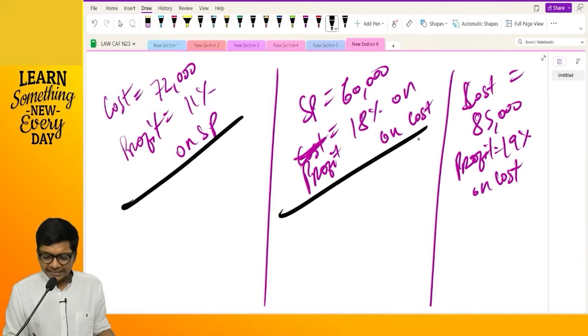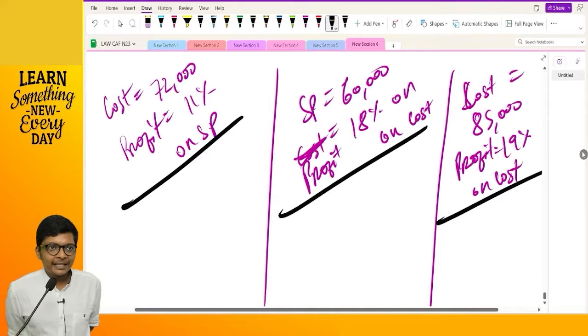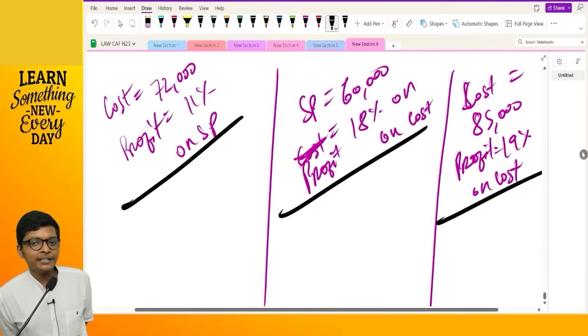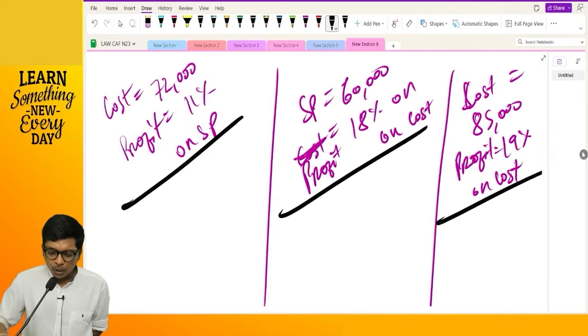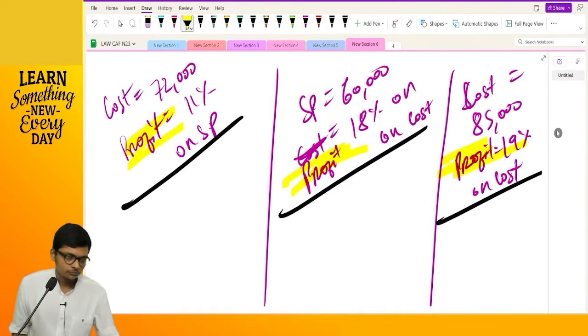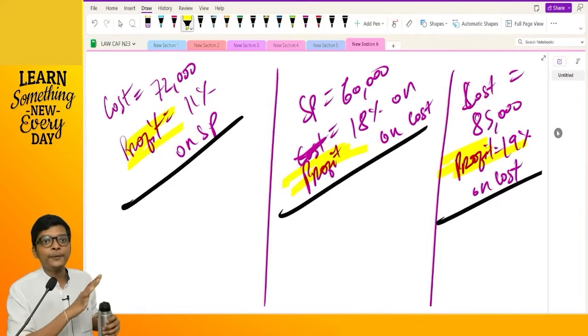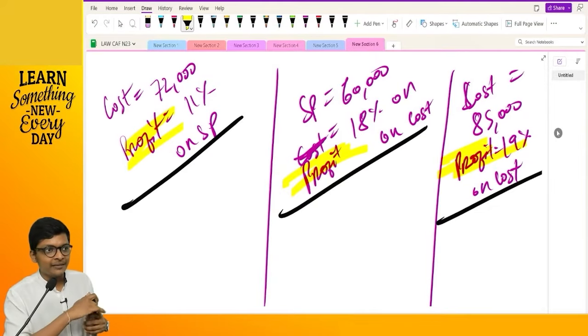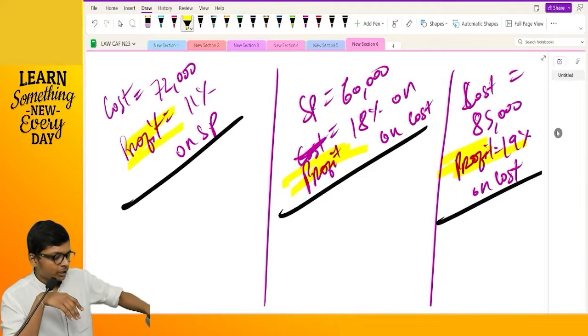Do all the three, guys. It will take you 1 minute for each. 3 minutes you should finish all the three. Find what, sir, in each of the three. I want to find profit. Compute and keep in your notebook. I will discuss all three answers. You can cross check.